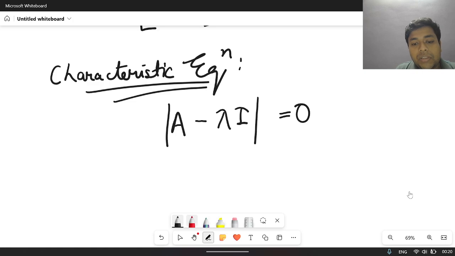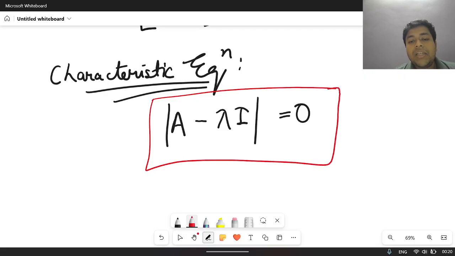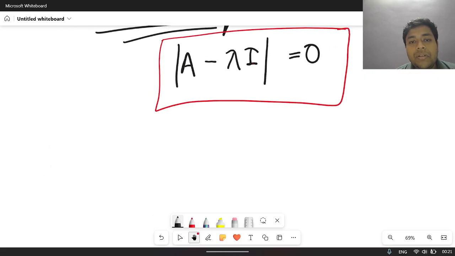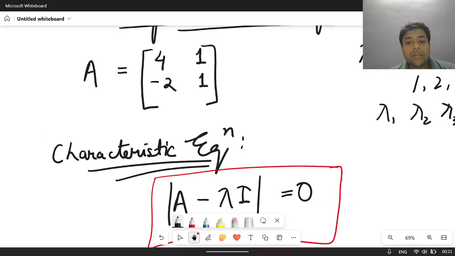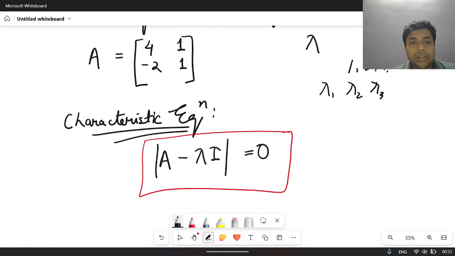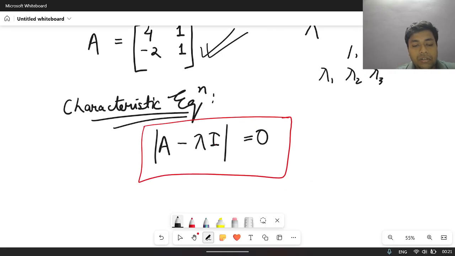Just remember this. I is your identity matrix, A is the matrix which is given and lambda is your eigenvalue. Okay? Now let me solve this matrix using this characteristic equation.